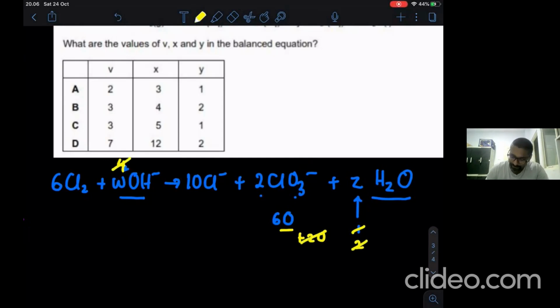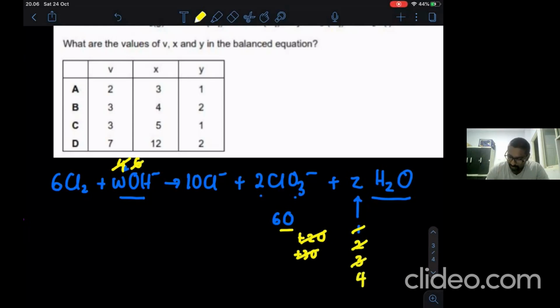So let's try 3. If I put 3, I will have a total of 9 oxygen. And if I put 3 here, that's 6 hydrogen, so this one will become 6. So I only have 6 oxygen on my left hand side. Not suitable, so let's try some more. Let's try 4.